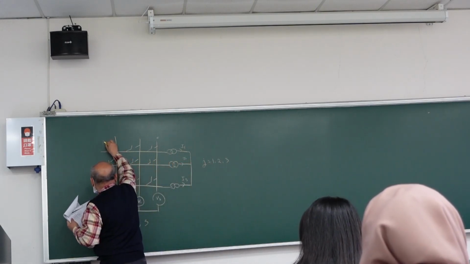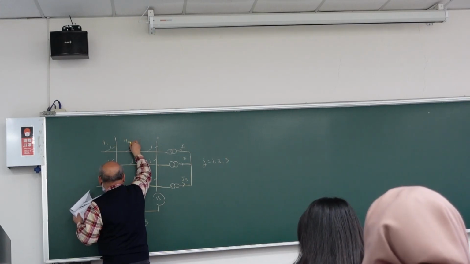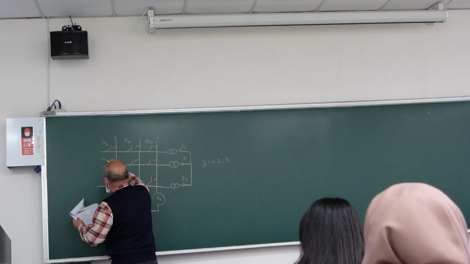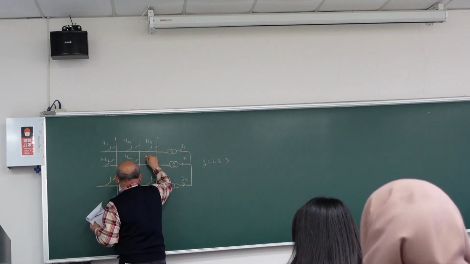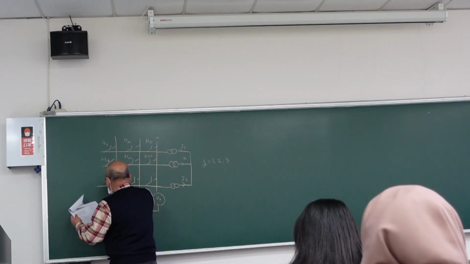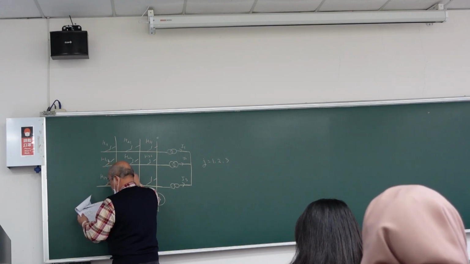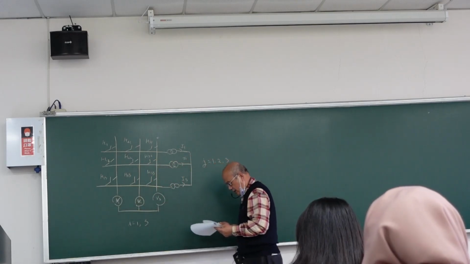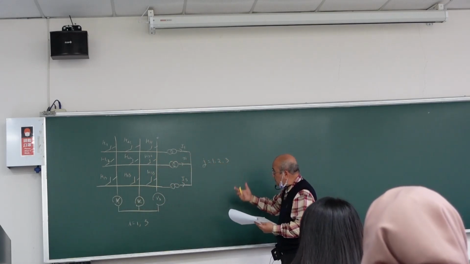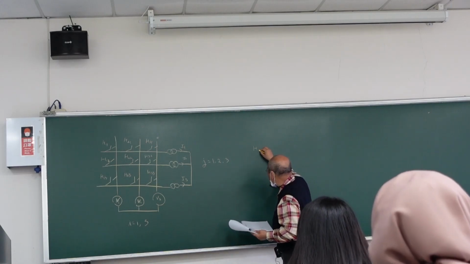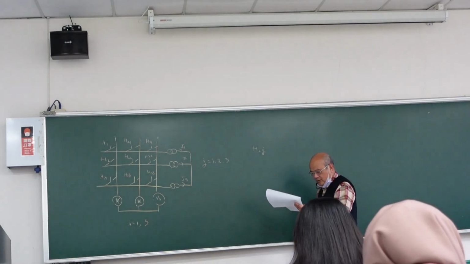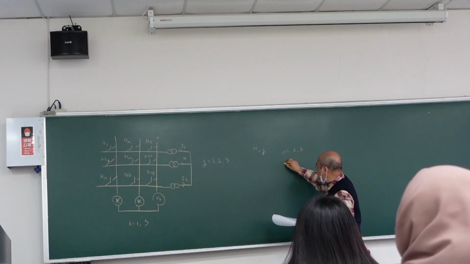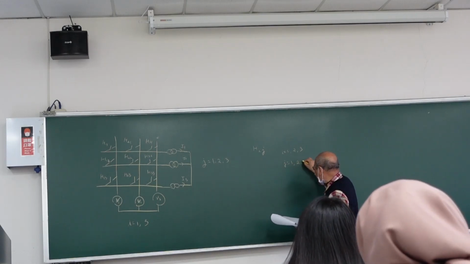So this is H11, this is H21, this is H31, this is H12, H22, H32, this is H13, H23, this is H33. So we have 9 switches. So how can we call the switch Hij? I means input. I could be 1, 2, or 3. J means output. Could be 1, 2, or 3.